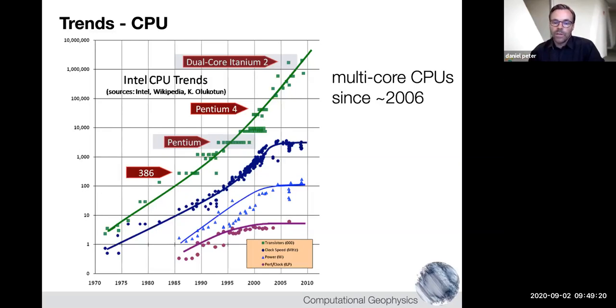The reason is that the clock speed is linked to the energy consumption of the chip. And the more you speed it up, the more hungry the chip becomes, so it increases the energy usage. And that's basically a trend which had to be stopped.